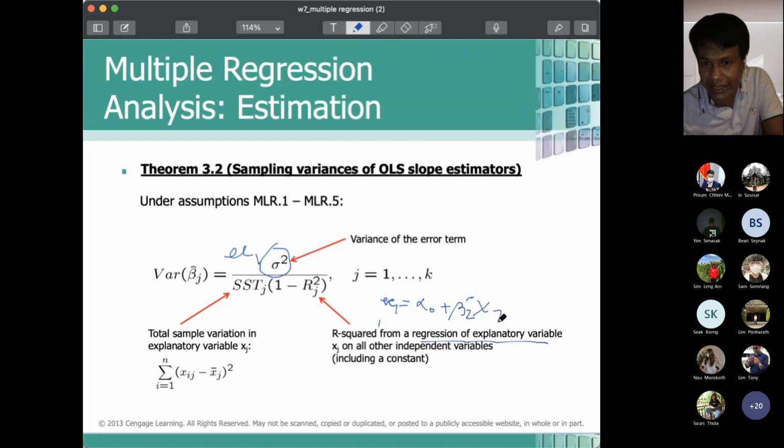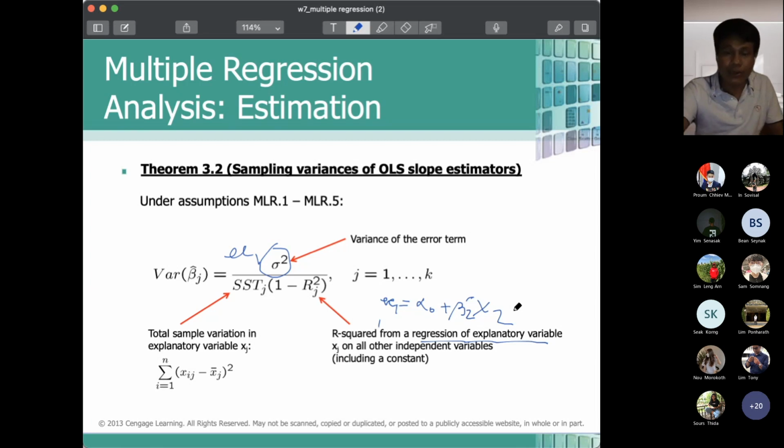So this is the R squared on the correlations, the explanation from the independent variables. So the relationship among independent variables, not something with the dependent variable. Just a quick note.